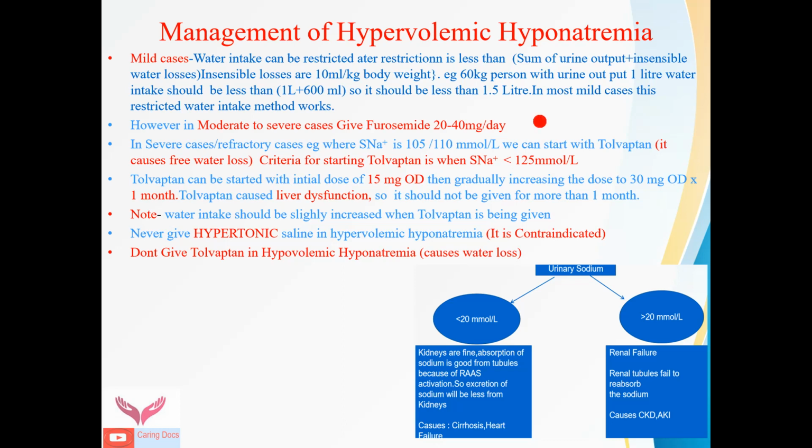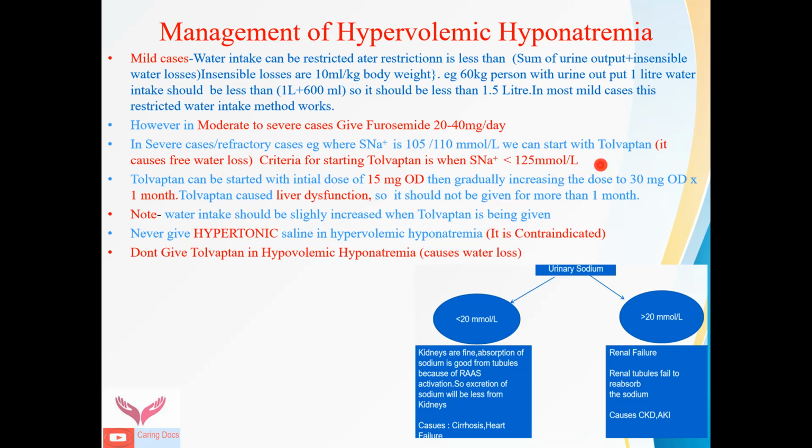And in severe or refractory cases where furosemide or diuretics don't work, or in patients who have serum sodium of 105 or 110, we will have to start tolvaptan. Tolvaptan causes free water loss, and the criterion for starting tolvaptan is when the serum sodium is approximately 125 millimole per liter, or in patients who are refractory to diuretics or furosemide.